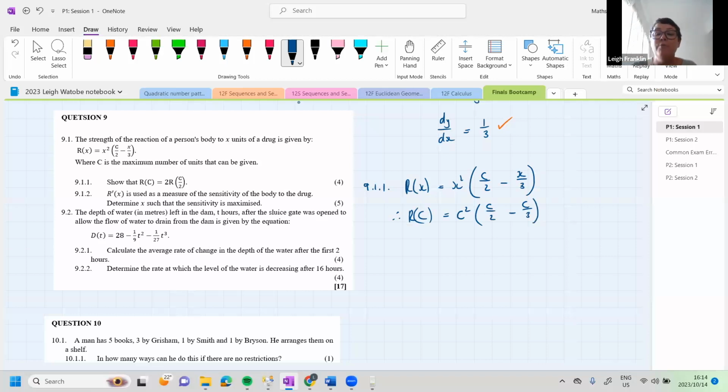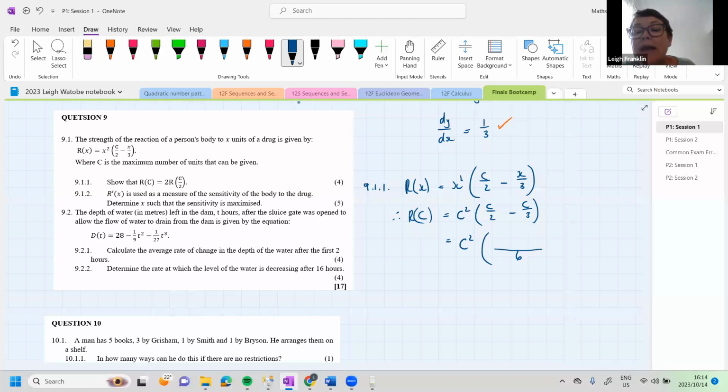So I am replacing my X with C. Then I'm going to remove my brackets. So in other words, I suppose we could use a lowest common denominator here as well, which would be 6.